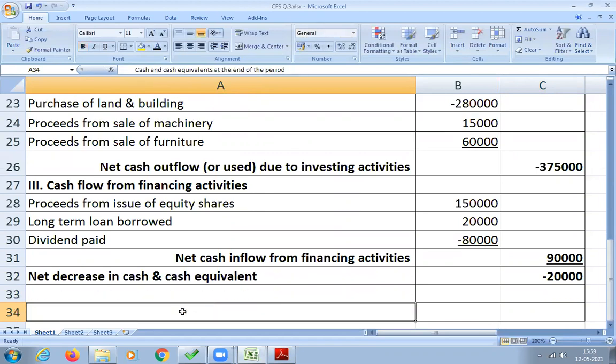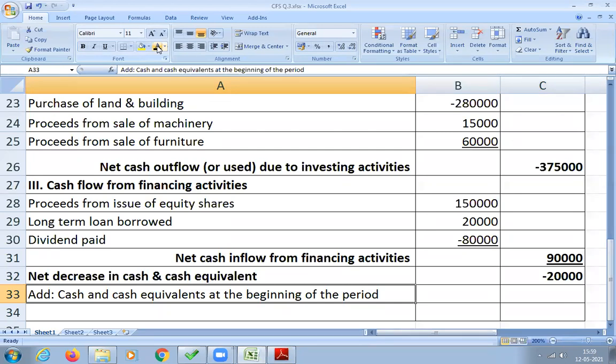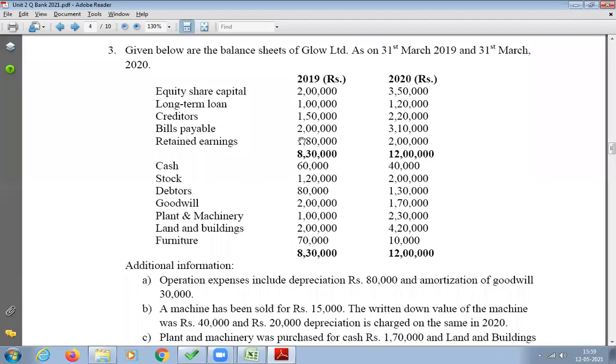Next, what do you have to add? We have to add the opening balance, the beginning balance of the cash and cash equivalent. How much is given here? 60,000.